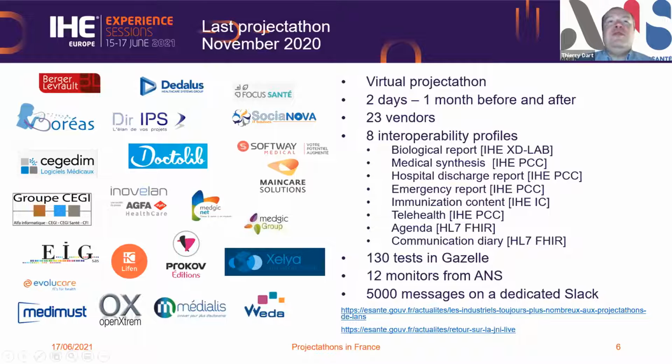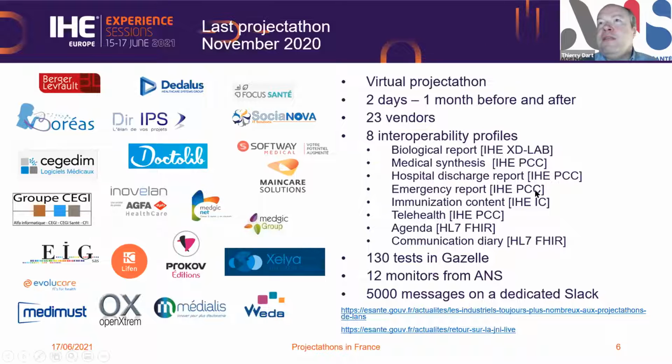There were 23 vendors. You see all the screenshots. Most are national vendors, so small vendors. We tested 8 interoperability profiles: biological report, medical synthesis, hospital discharge, emergency report, telehealth, agenda, and communication diary.